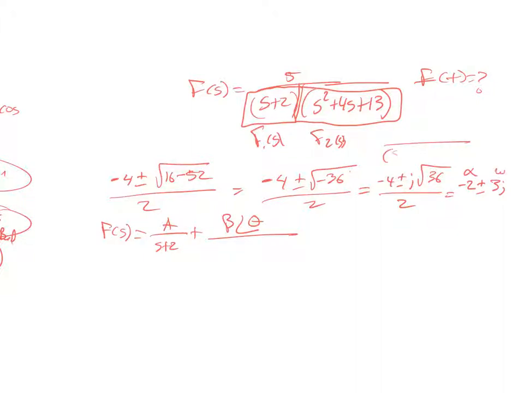So this becomes s minus alpha quantity squared plus omega squared. Okay? So s minus alpha becomes s minus a minus 2, right? So that becomes s plus 2 quantity squared plus omega, which is in this case plus or minus 3, doesn't matter. Whenever you square it, you're going to end up with 3 squared. Everybody see how I did that one?